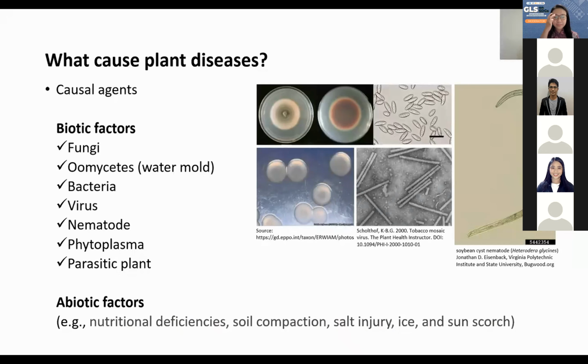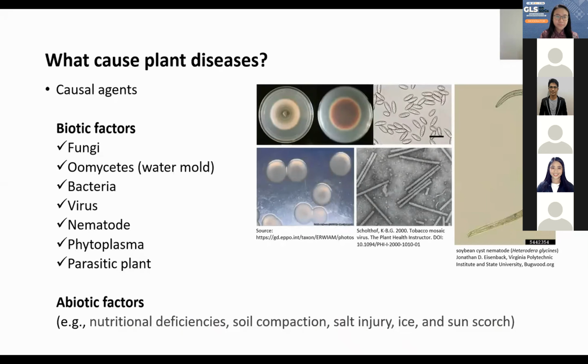By that definition, the causal agent of plant disease can be living or non-living, biotic or abiotic. And these are some of the groups of organisms that can cause plant diseases.